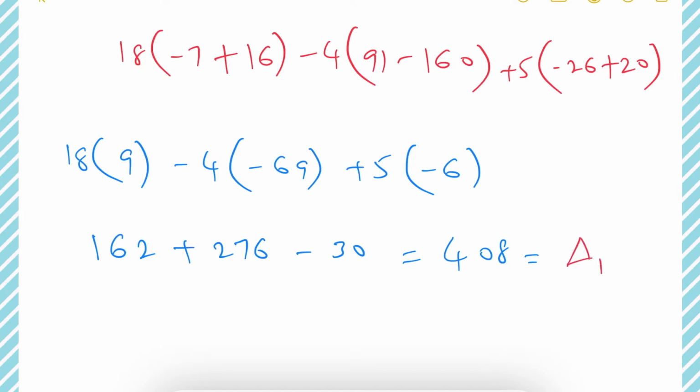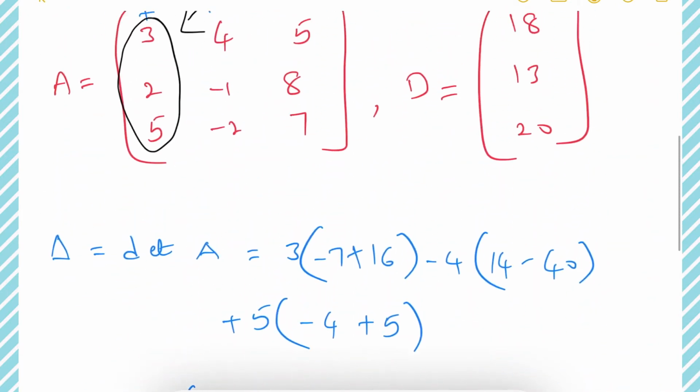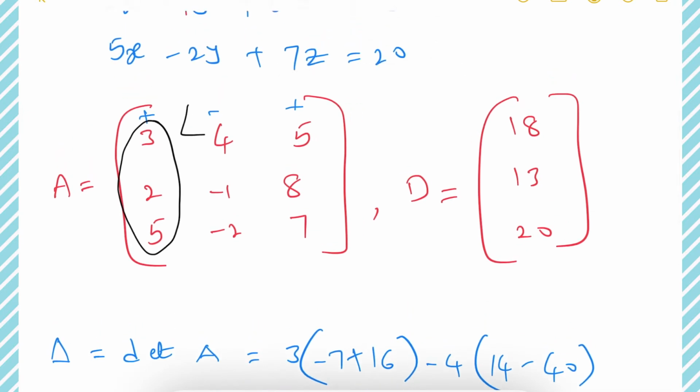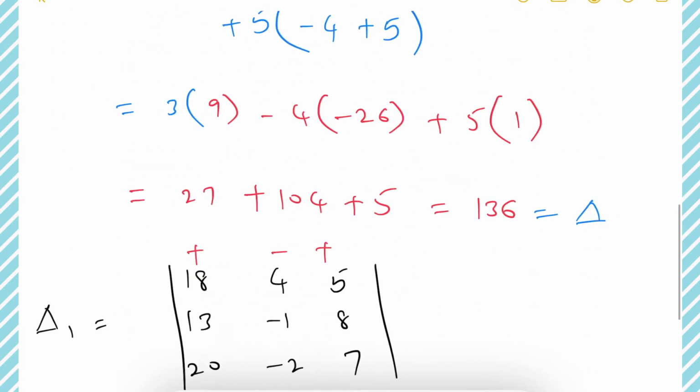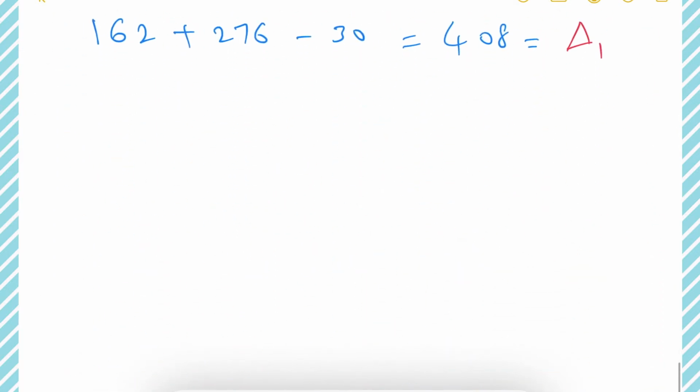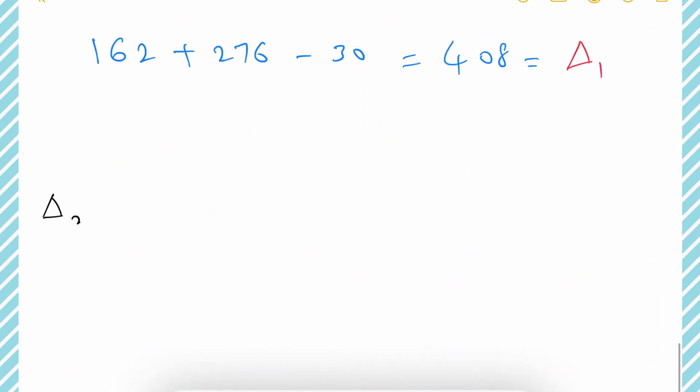Next, come back to the matrix A as well as matrix D. In the previous case we removed the first column, right? Now in this case we need to remove the second column, and the second column should be replaced with the matrix D. So first column 3 2 5 as it is, we will represent this with delta 2.